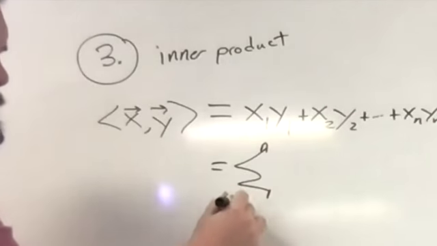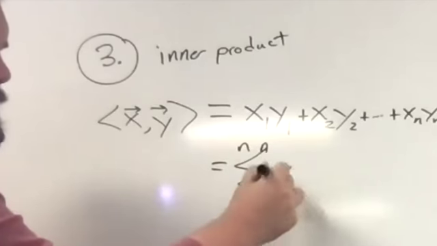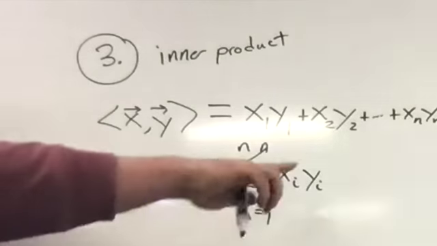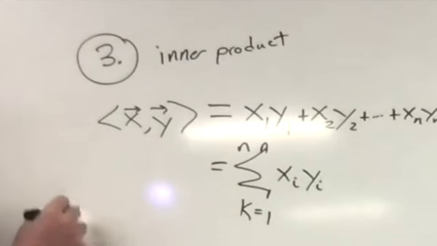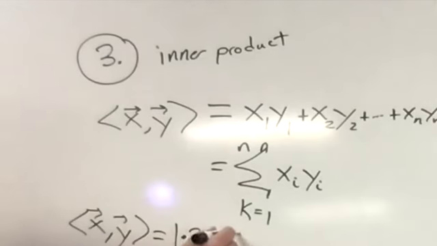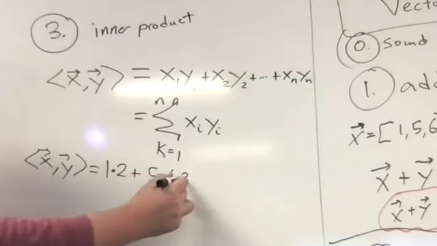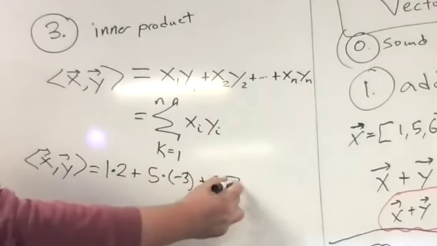If you're familiar with summation notation, it would look like this. So for example, with our x and our y over there, we would have 1 times 2 plus 5 times -3 plus 6 times 7.